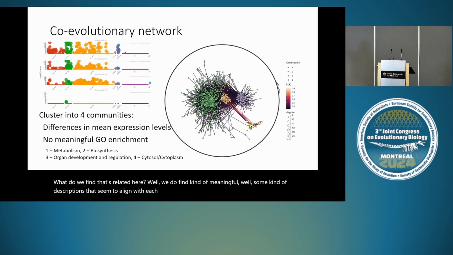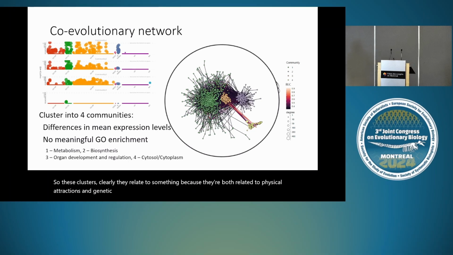Out of the top 10 GO categories for cluster 1, 8 of them are related to metabolism. Out of the top 10 for 2, 6 of them are related to biosynthesis. For 3, you get organ development and regulation, and 4 still only has one thing, which is that it's found in cytosol or cytoplasm. So these clusters clearly relate to something, because they're related to both physical interactions and genetic interactions.